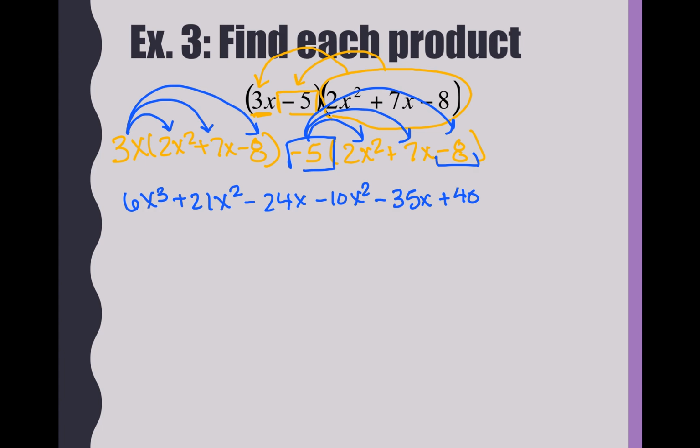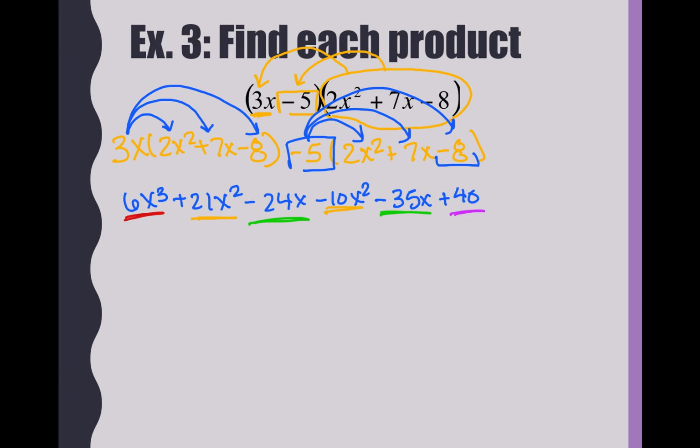I'm going to go through and combine like terms. So let's see, I have a 6x cubed. Those are my only x cubed. I have 21x squared, negative 10x squared. I have negative 24x, negative 35x. And I have just my constant 40 at the end.